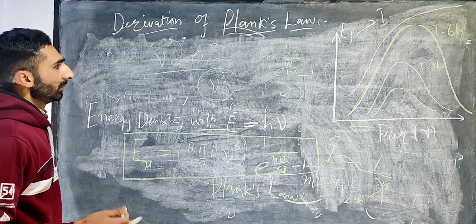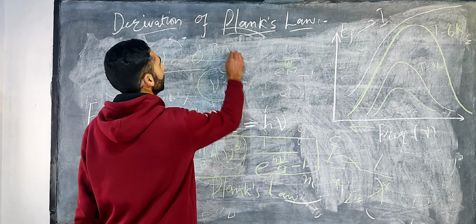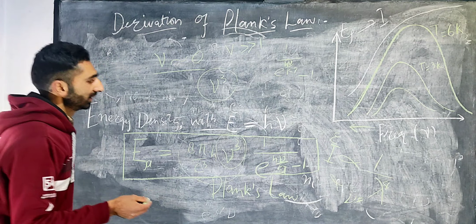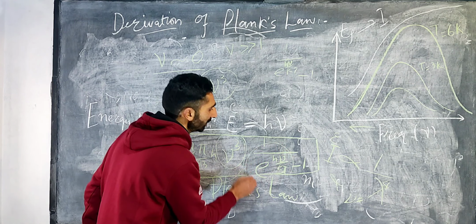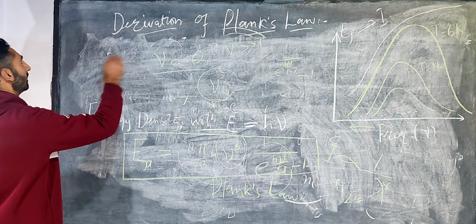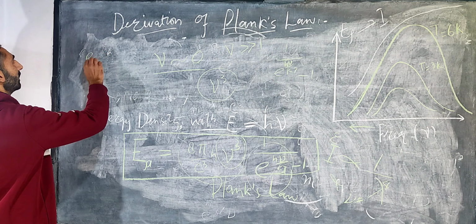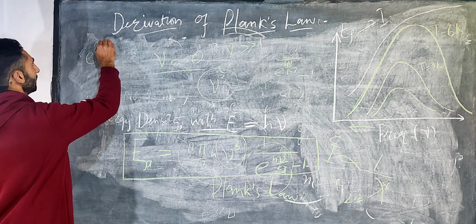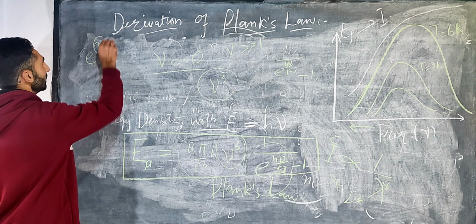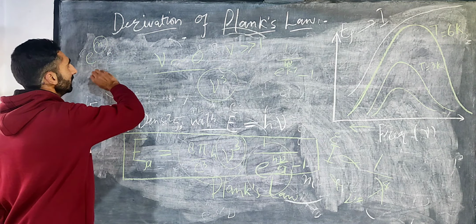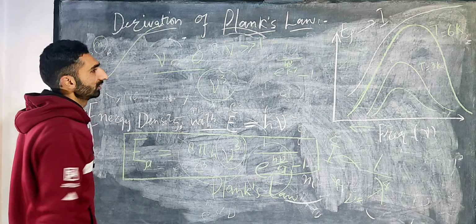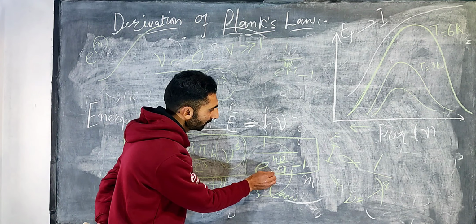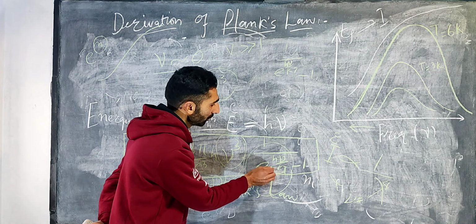Similarly, for the higher frequencies, if the frequency is very, very high, this term is dominating, because if we raise to the power n, and this n is very much higher, then there is an exponential increase, and this very term dominates at that time.